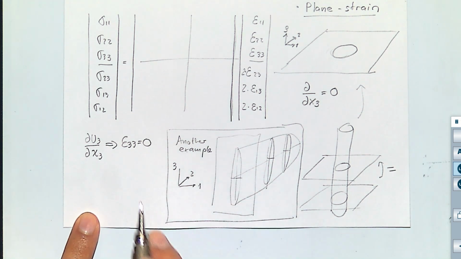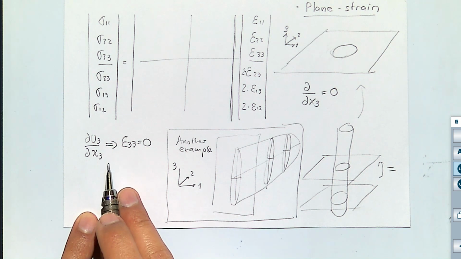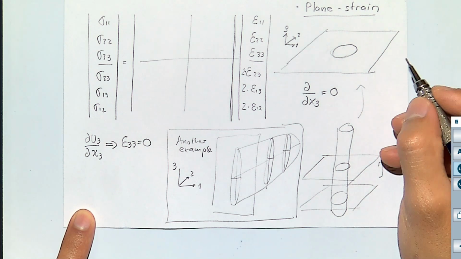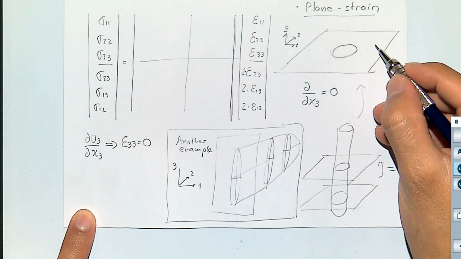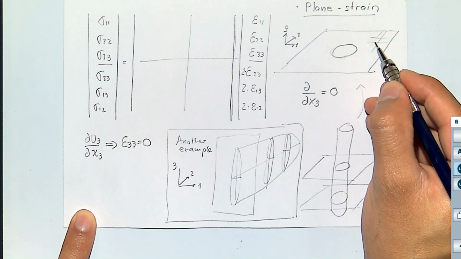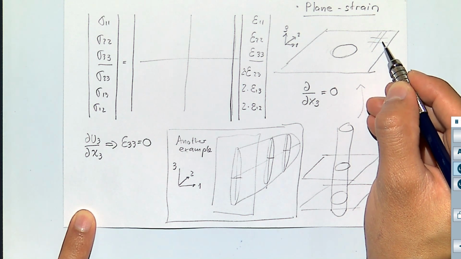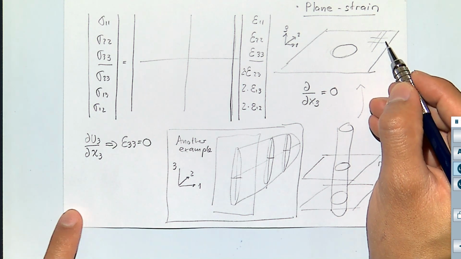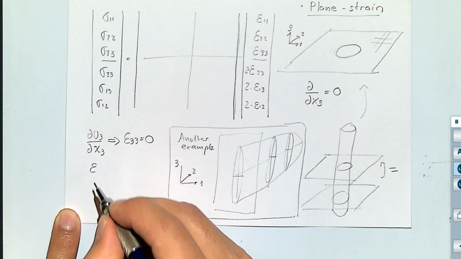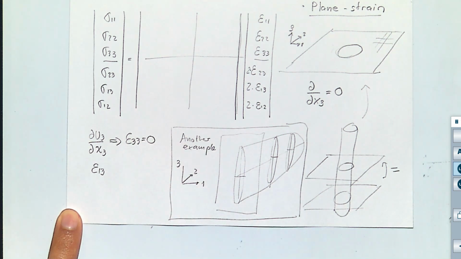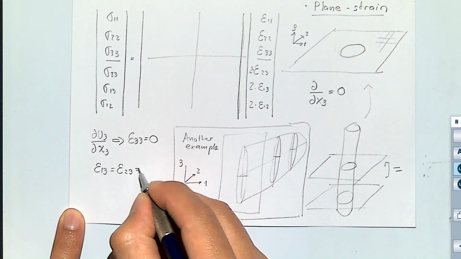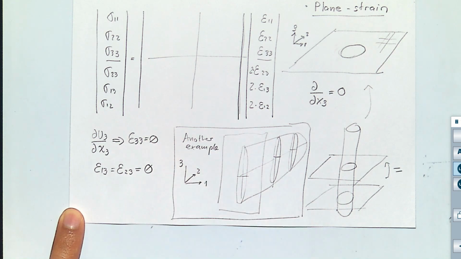And also, because there is no variation in direction 3, and this is the state of the plane strain, we're going to be able to have distortion or shear strains just on the plane 1, 2. So this square is going to be able to change shape, but since there is not going to be a change in direction 3, also the shear strains epsilon 1, 3, which is the shear strain in the plane 1, 3, and the shear strain in the plane 2, 3 are also going to be equal to 0.